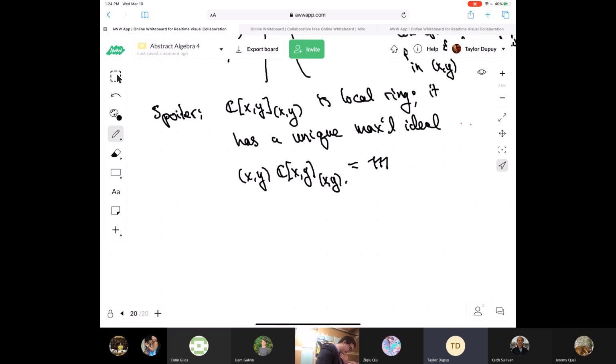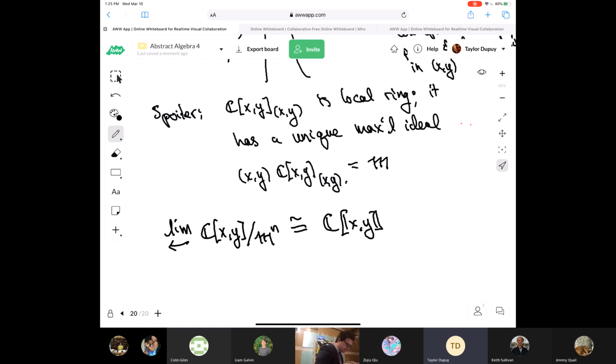And it turns out that the inverse limit, we saw this before, of C[x, y] modulo M to the n, is isomorphic to C[[x, y]]. So kind of the completion of this thing with respect to the maximal ideal is the power series ring.